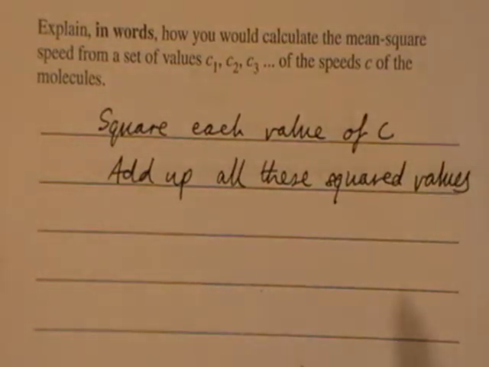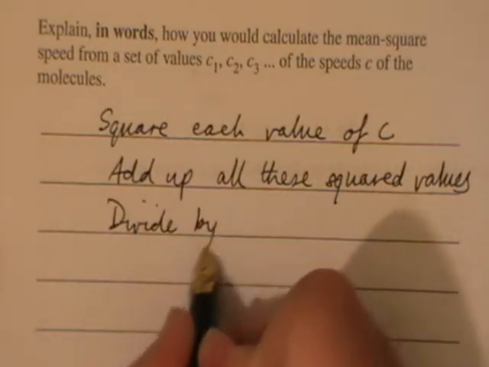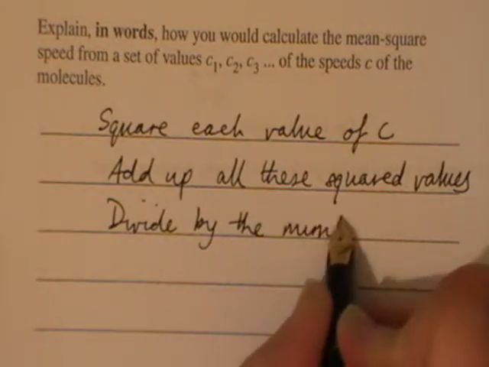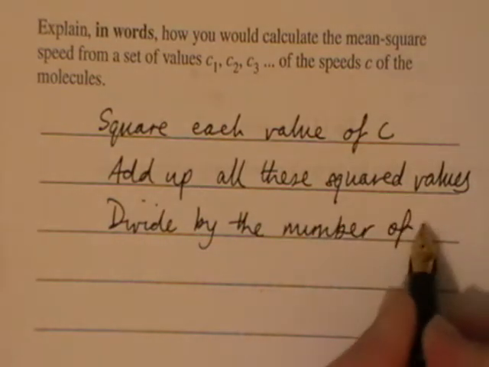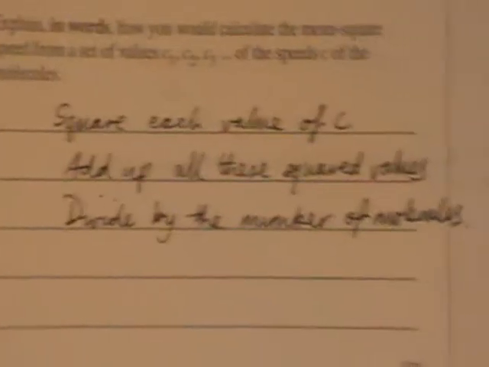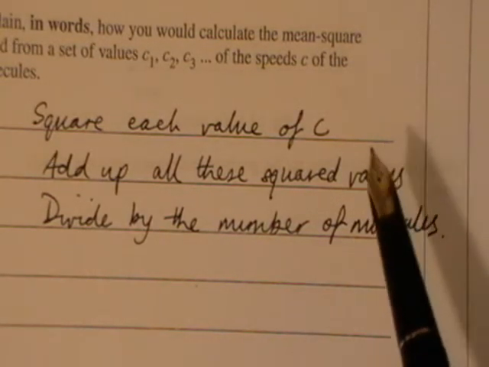We then divide by the number of molecules. And that will give us c squared brackets, the mean squared speed.